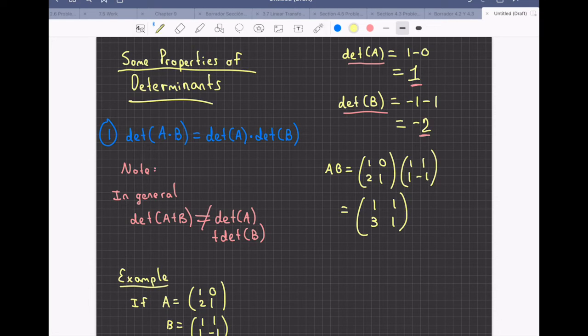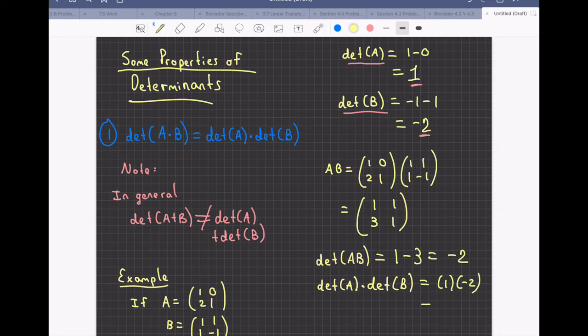Now, notice the determinant of this matrix AB is equal to 1 minus 3, that is negative 2. And the determinant of A times the determinant of B is 1 times negative 2, that in this case is negative 2.